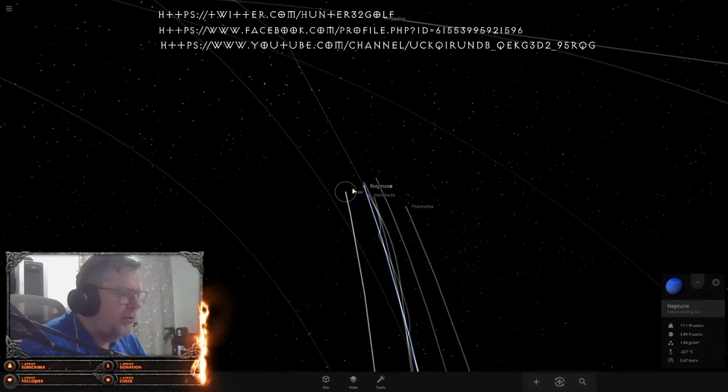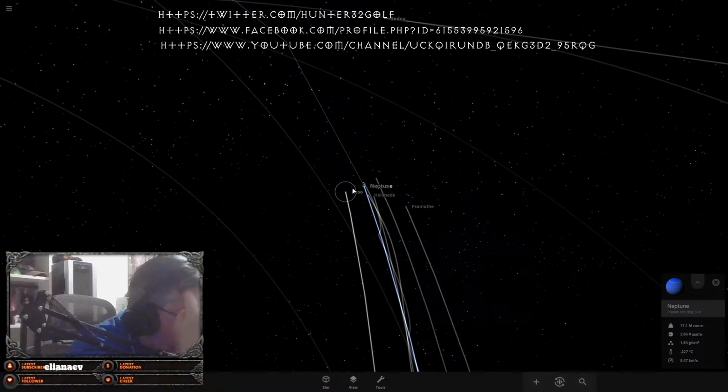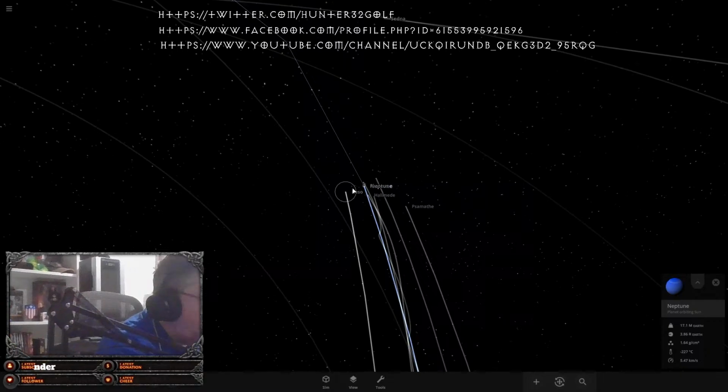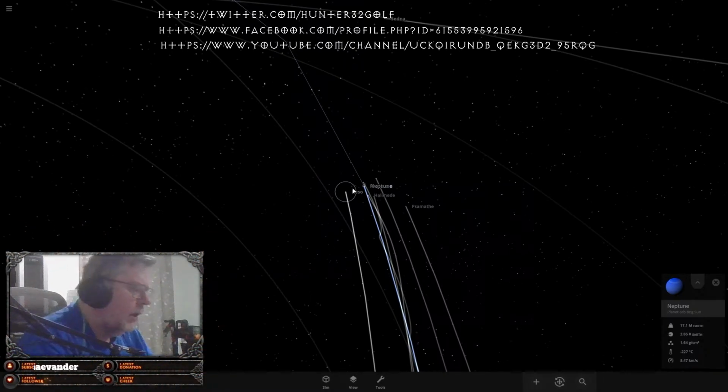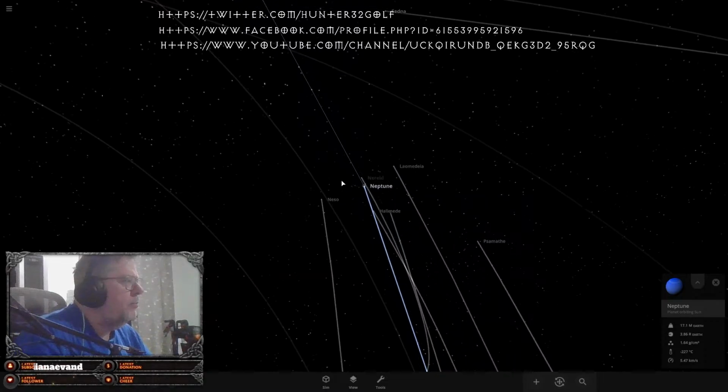Now, Neptune is 17 times the mass of the Earth. It is the fourth largest planet by diameter. It takes 164 years for it to orbit the sun. It's roughly 30 astronomical units from the sun, and it has 14 known moons.